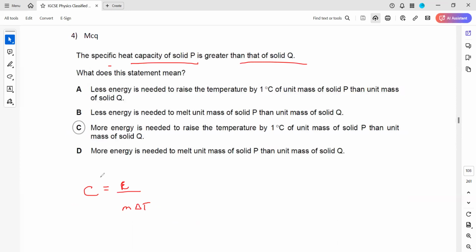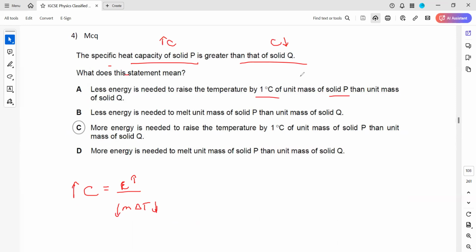So if the specific heat capacity is greater, it means the energy needed will be more, or the mass will be smaller, or the temperature change will be less. So what does this statement mean? If we say that the specific heat capacity of P is higher than Q, which statement explains this idea?